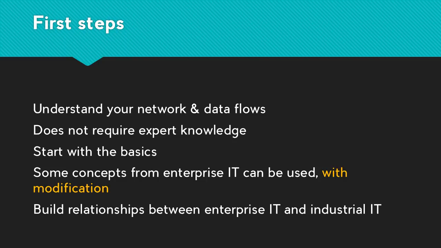Sometimes you can use the concepts you're familiar with in enterprise IT with modification. Again, we talked about the inversion of importance. Availability being key, not confidentiality and integrity. In enterprise IT, you're going to focus on confidentiality and integrity.